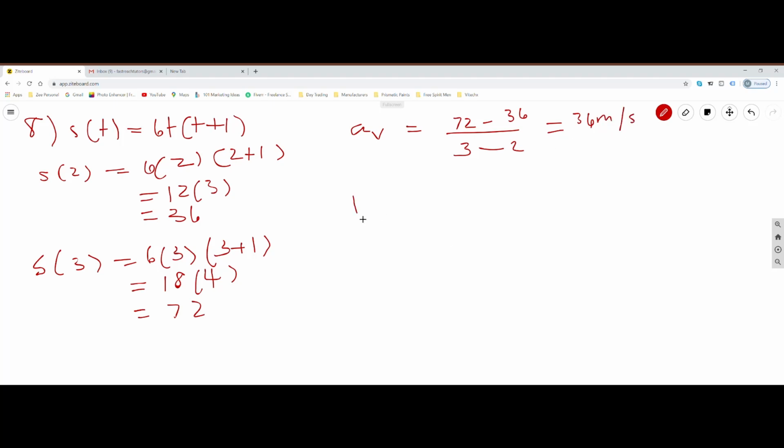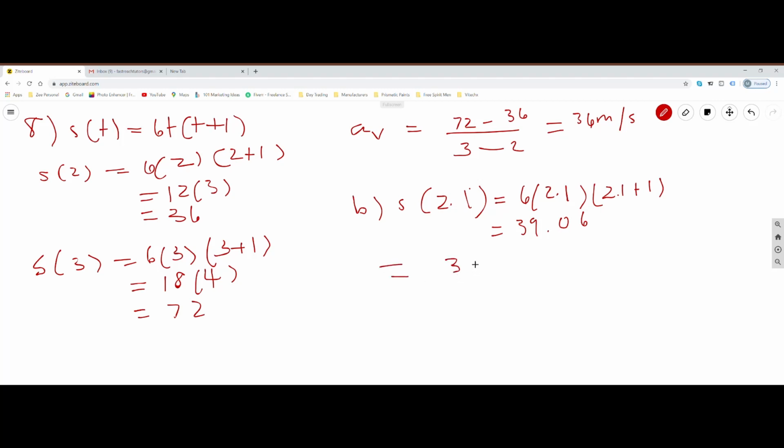So now let's find s(2.1), which equals 6 times 2.1 times (2.1 plus 1), equals 39.06.